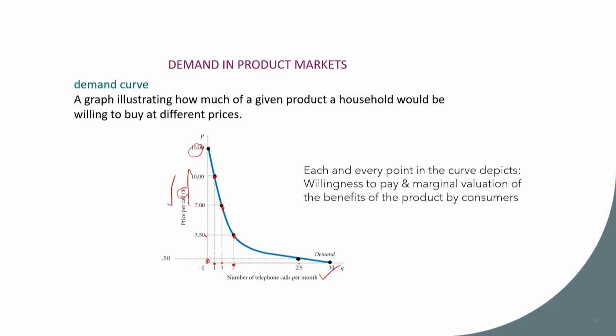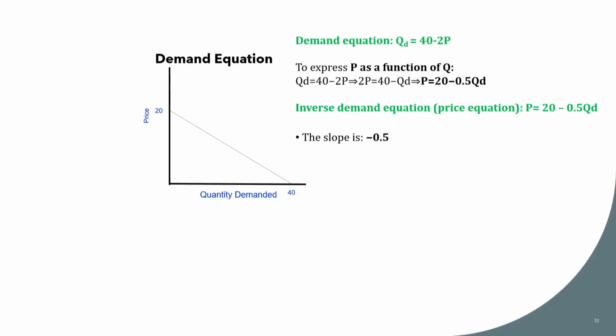For 25 units, they are willing to pay only 0.5 dollar. So each and every point along this demand curve depicts willingness to pay as well as how much they value this product. That is the marginal valuation of the benefits of the product by consumers.